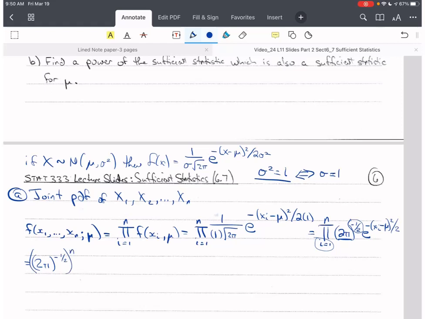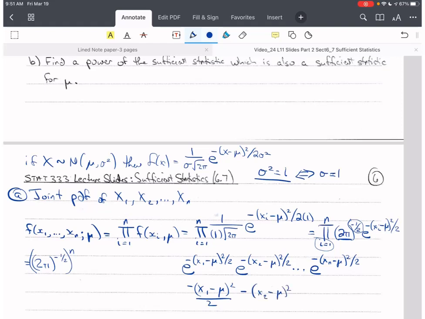And then remember that we have e to the negative (x sub 1 minus mu) squared over 2, e to the negative (x sub 2 minus mu) squared over 2, and so forth, e to the negative (x sub n minus mu) squared over 2. And so we add the exponents. The exponent portion is negative (x1 minus mu) squared over 2 minus (x2 minus mu) squared over 2 minus and so on, up to (xn minus mu) squared over 2.